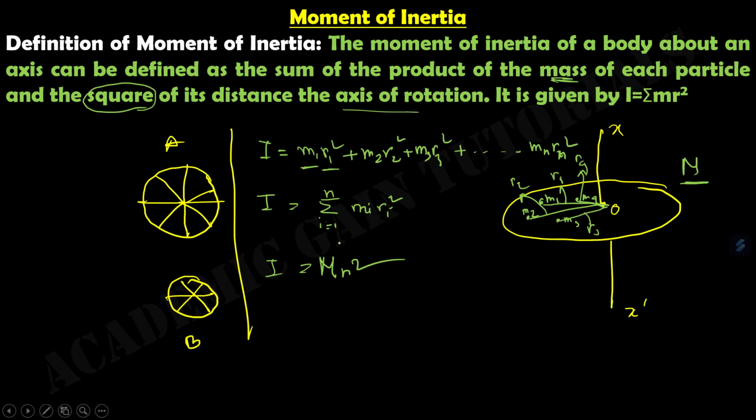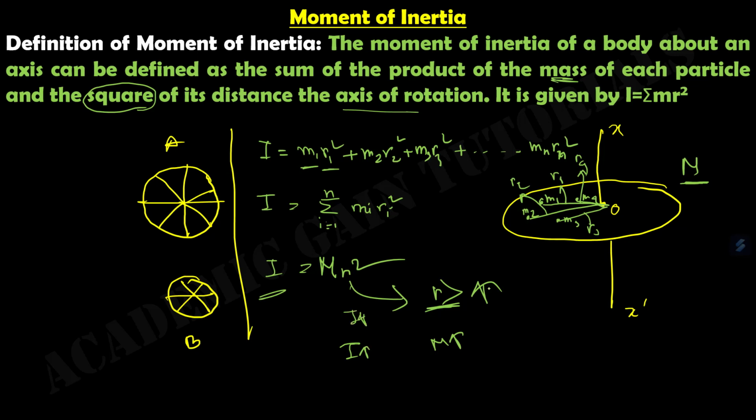So here we can find that when the radius is greater, the inertia will be higher. When the mass is greater, the inertia will be higher.